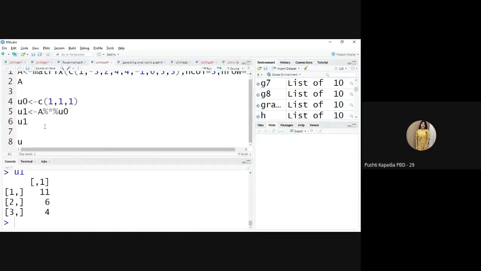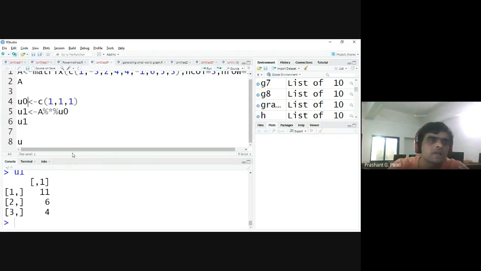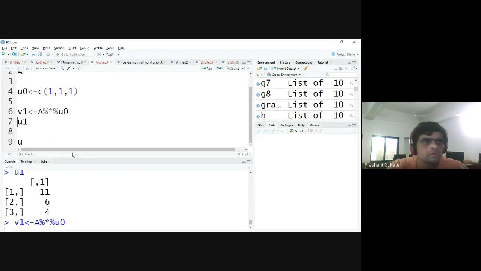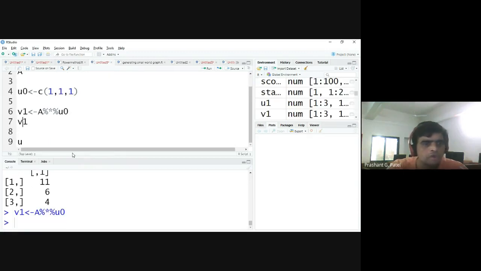Okay, so first I have entered A. Now U0 is our initial starting vector. Then we'll denote by another vector V1 that is A into U0. So A into U0 gives V1, which is 1, 1, 6, 4.